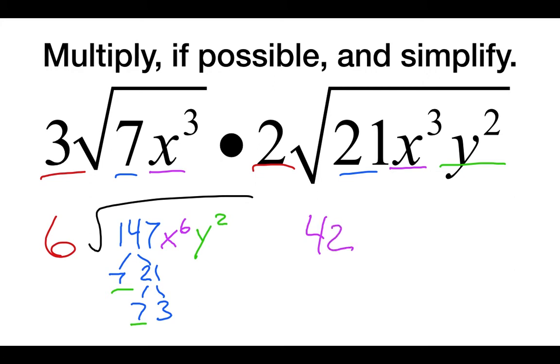Now let's talk about x to the 6th power. If I'm looking for pairs, 6 has 3 of them, because it's x times x 3 times. So x cubed. Then y squared, there's only one pair in y squared, so I'm going to say y. The only number left inside the square root is 3.